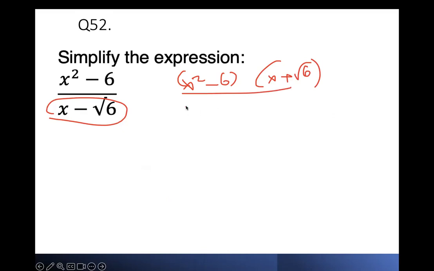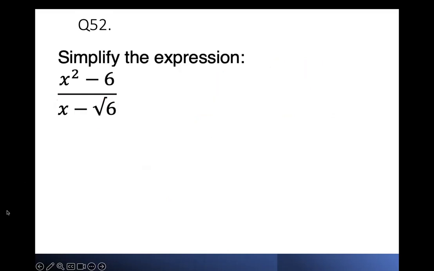And the under portion, you have 1 minus x6 all multiplied by x plus square root of 6. When you simplify this, it is going to be x squared minus 6. This cancels, and you have x plus square root of 6. That's your right answer. Straightforward, right?